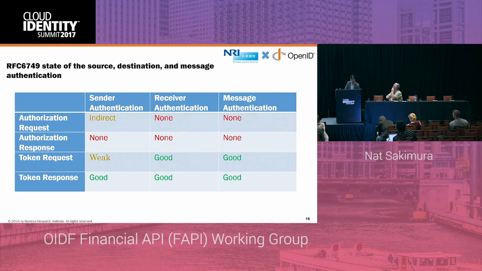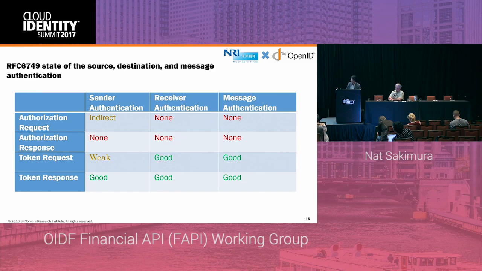The RFC 6749 state of source, destination, and message authentication is depicted here. If you look at this, you'll realize that OAuth actually doesn't do a good job of authenticating source, destination, and message on the front channel.